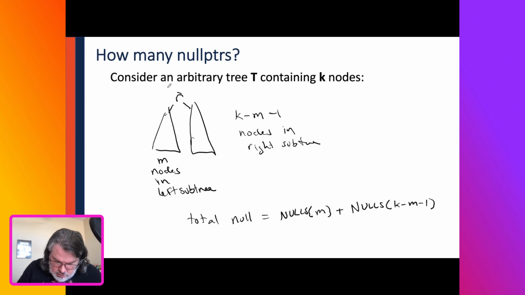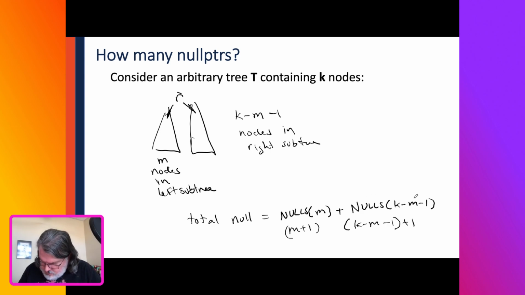That's why I tried to draw that these were going into the tree, because we're charging the tree for the pointer. Okay. So then we apply the inductive hypothesis, and we get m plus 1, and we get k minus m minus 1 plus 1. And let's see, the m cancels the m, the plus 1 cancels that, and we get k plus 1.